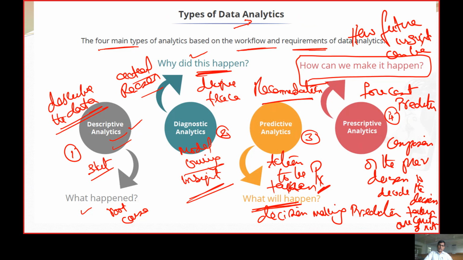That is, we call it descriptive analysis, diagnostic analysis, predictive analysis, and prescriptive analysis. In the descriptive analysis, we talked about how to describe the data with statistical inferences. Then we tried to understand the root cause, why it has happened, with the diagnostic analysis.